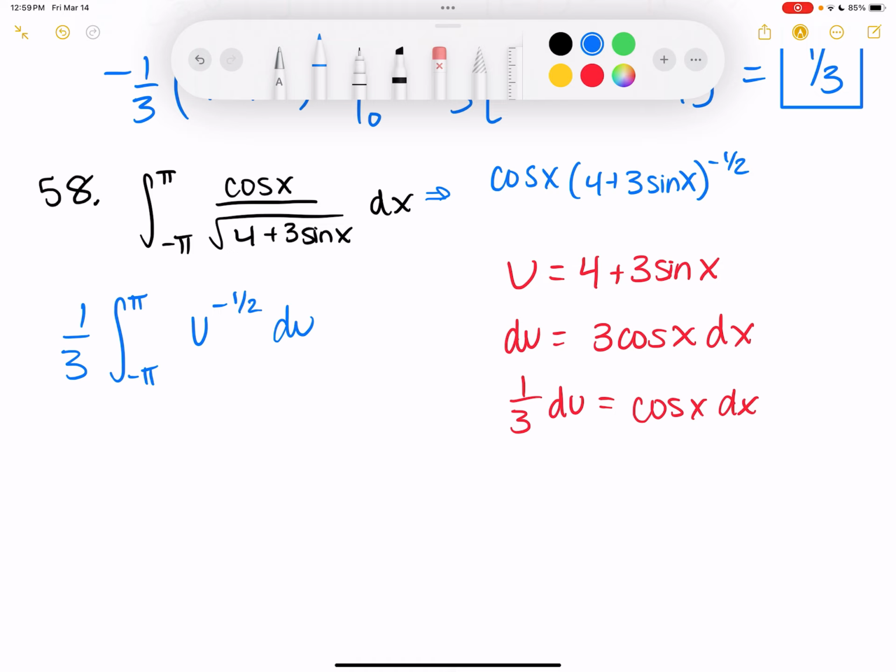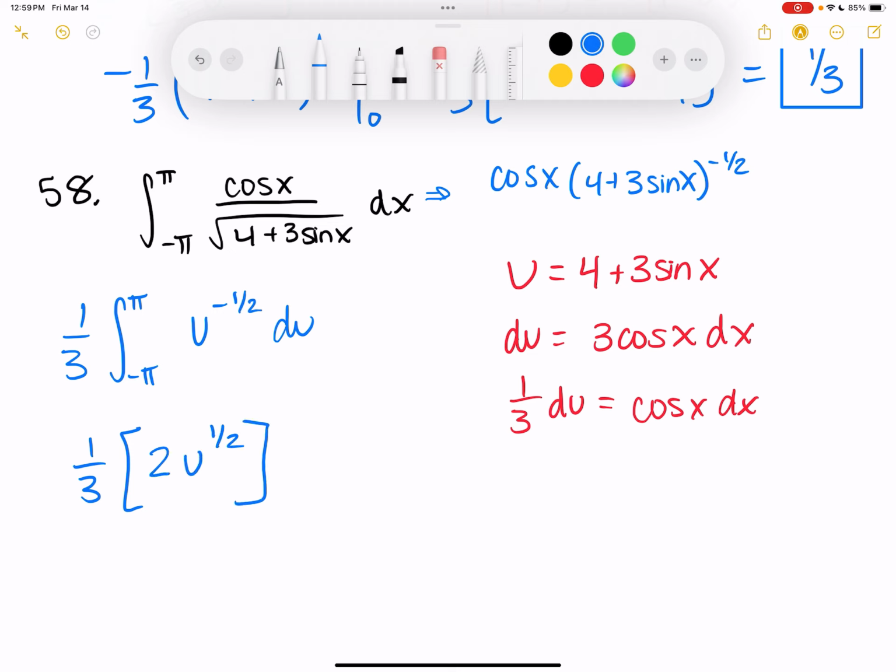Antiderivative of u to the negative 1/2. Negative 2/3 u to the 3/2? Or negative. Add 1. u to the 1/2. 2u to the 1/2. Is that what you said?